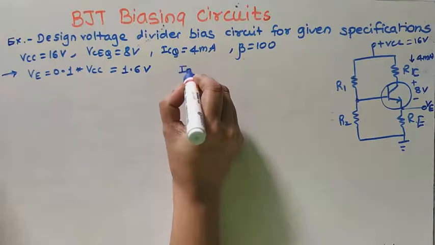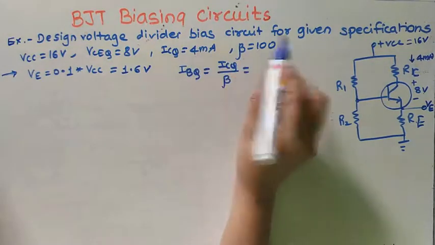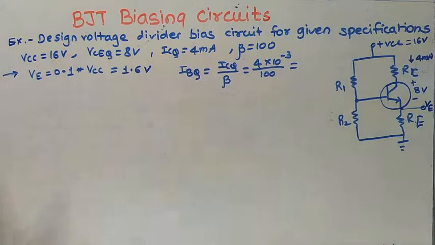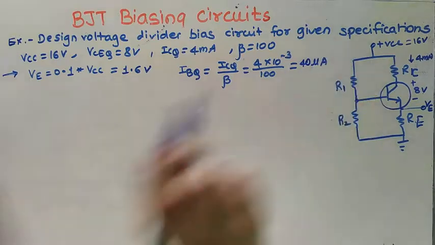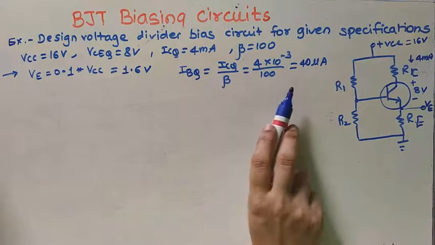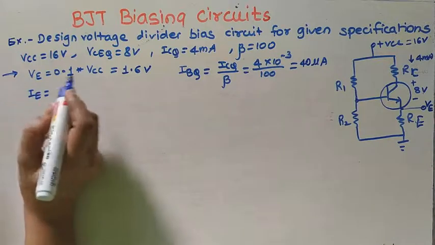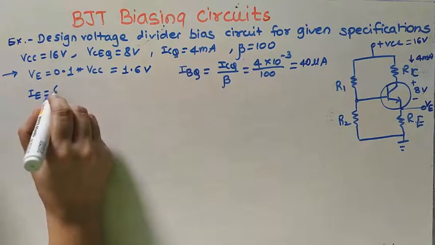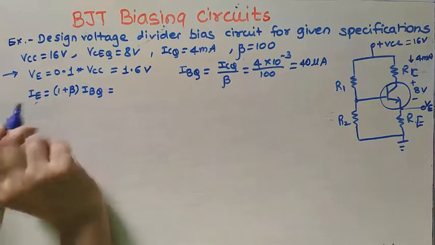IBQ is equal to ICQ upon beta, that is 4 into 10 raised to minus 3 divided by 100, so IB is nearly equal to 40 microampere, that means 40 into 10 raised to minus 6 ampere. From that we can find out the value of IE, which is either IBQ plus ICQ or 1 plus beta into IBQ. You can use any formula to find the value of IE.